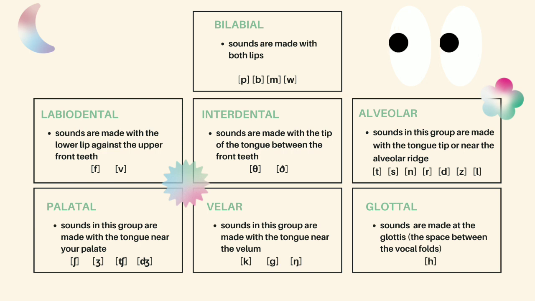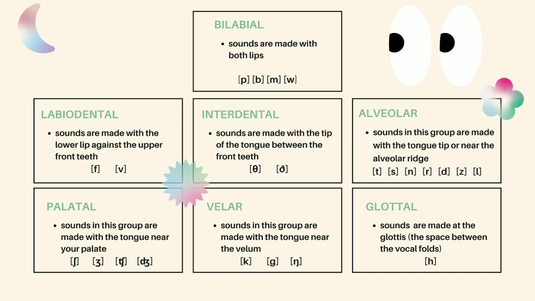English contains the following two labiodental sounds: f, as in fro and calf, v, as in vine and have. Next is the interdental. Sounds are made with the tip of the tongue between the front teeth. This contains the following sounds: th, as in thick and bath, th, as in the and rather.